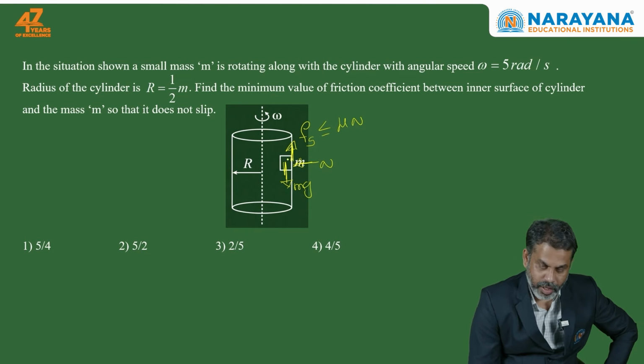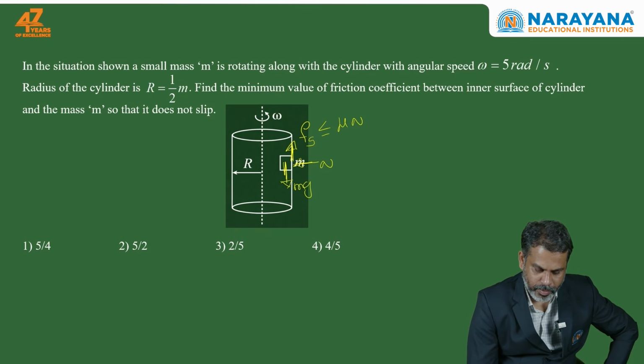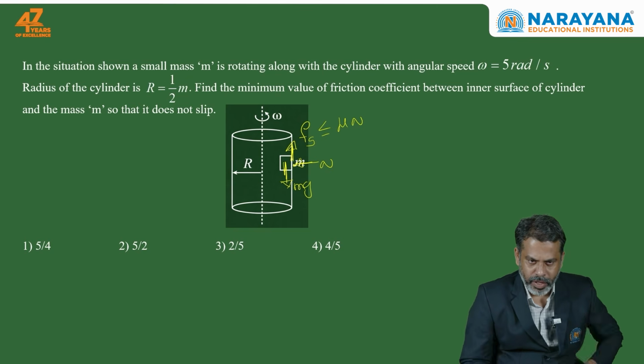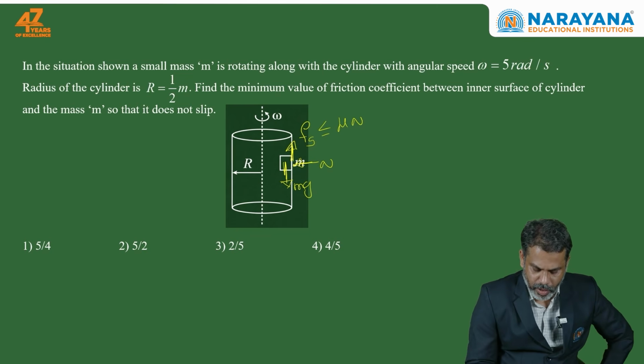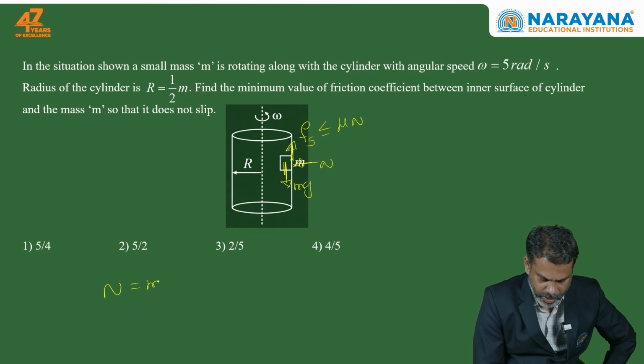Or if you see from the rotating frame, it is at rest. It can be done both ways, ground frame or rotating frame. So in the ground frame, N is given by m a_c, and we know that a_c is omega square r.